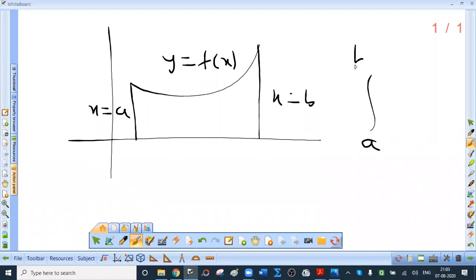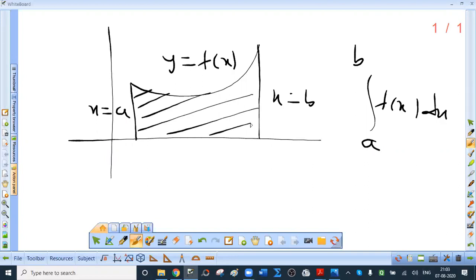Now, what does integral a to b f of x dx represent geometrically? It represents the area of the region bounded strictly by the curve y equal to f of x, the x-axis, and the two lines x equal to a and x equal to b.